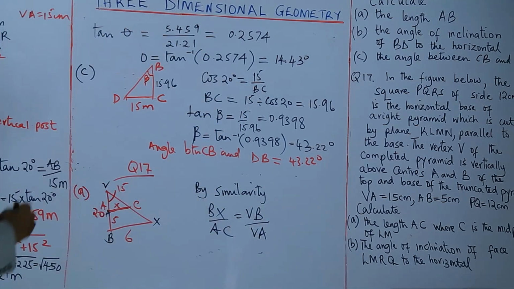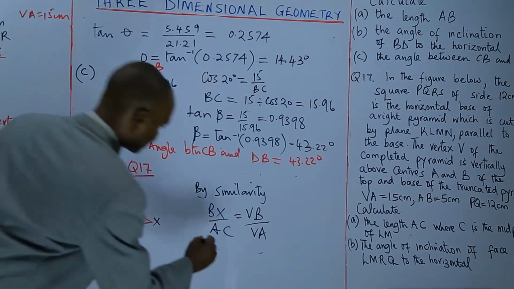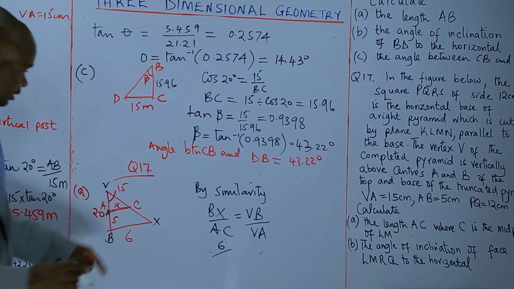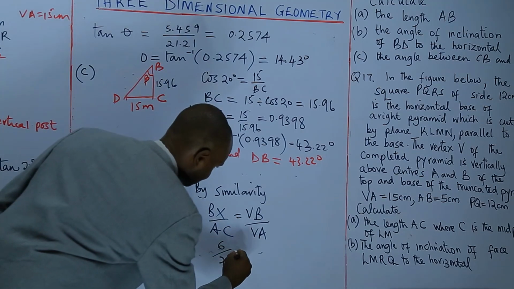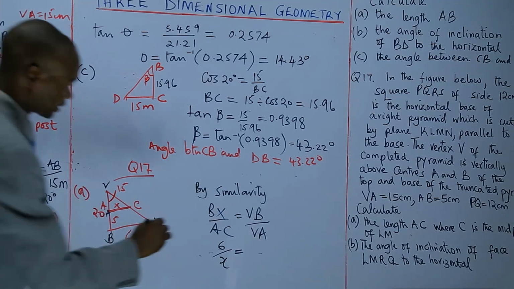Those are given. VB is 20, so BX is 6. AC is not known, it is X.